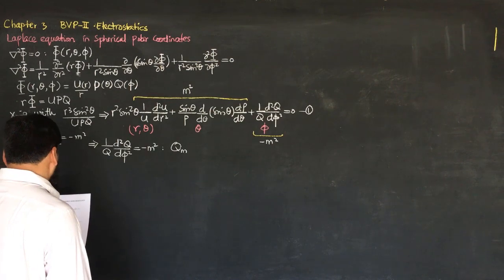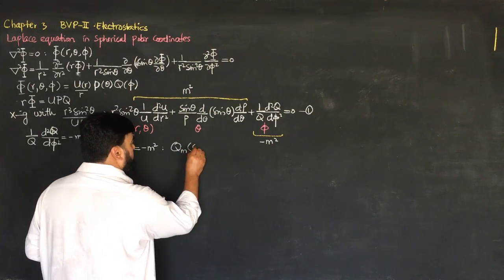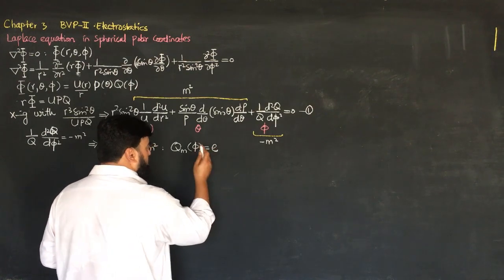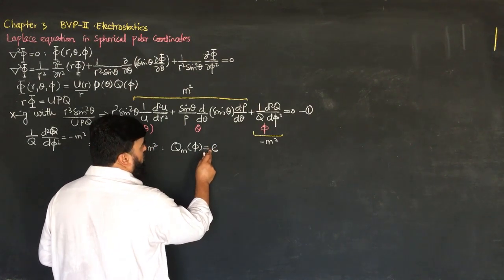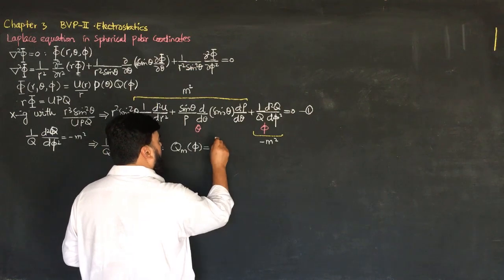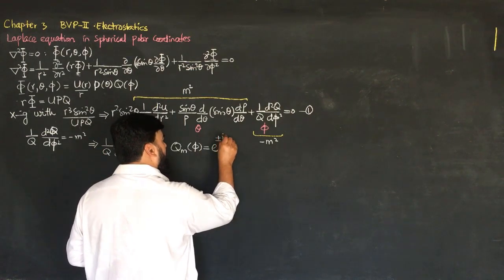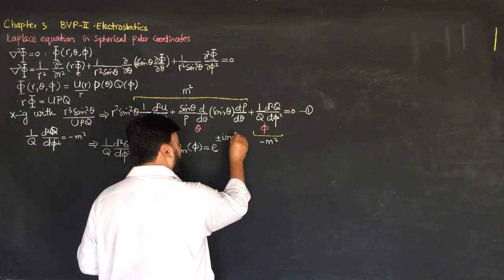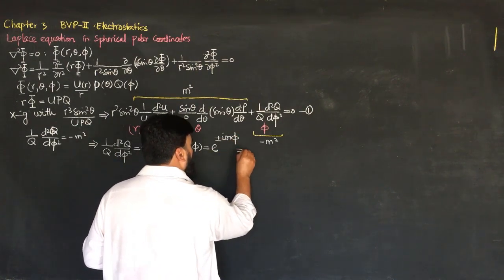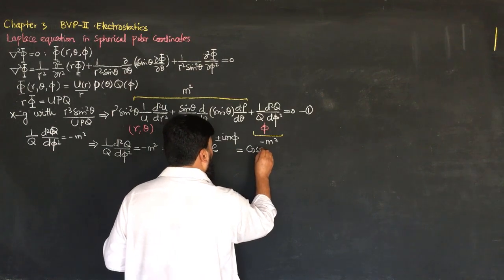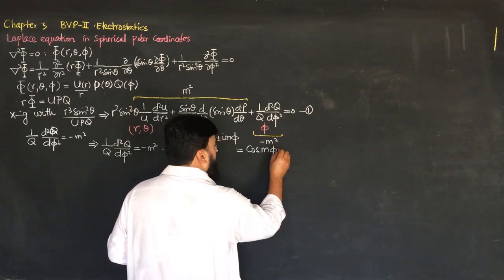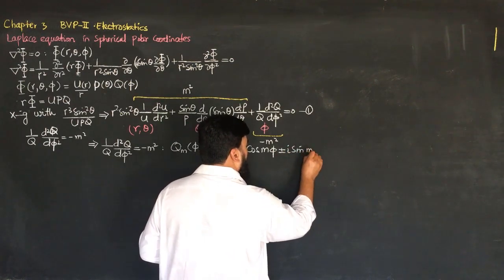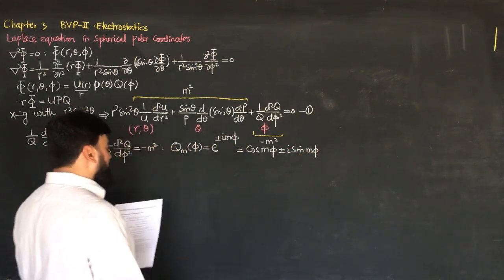I will put an index here, and this is a function of phi equals some constant which I will ignore at the moment here, plus minus i m phi, which is equal to cos m phi plus minus i sin m phi.